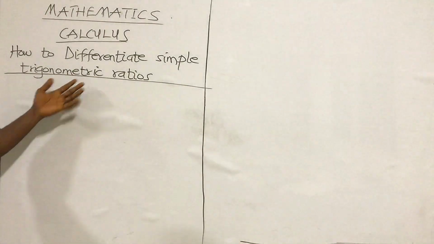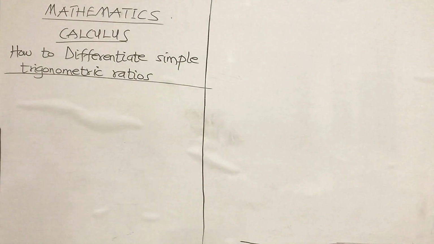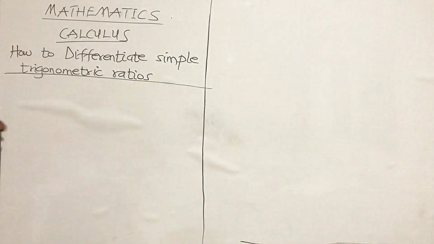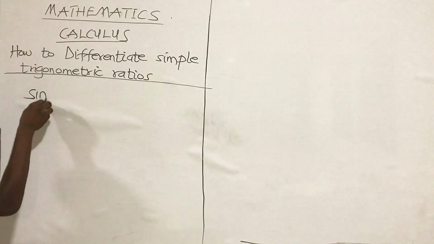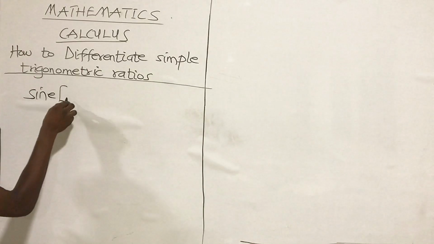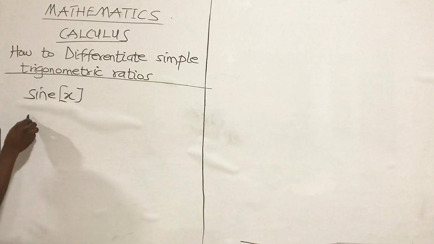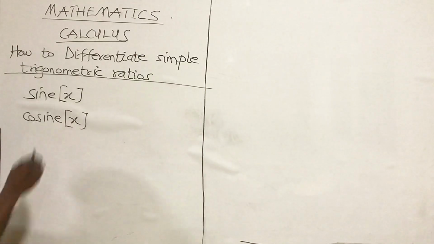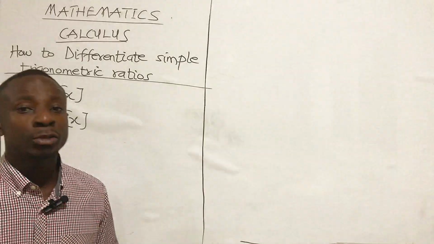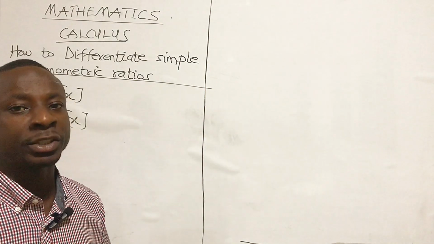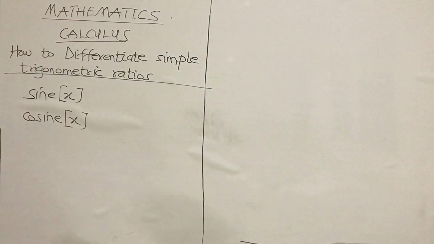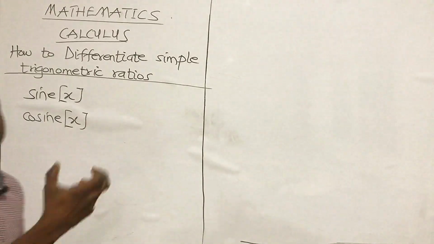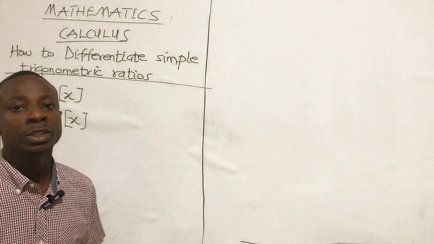Basically, when you talk about the trigonometric ratios, we have two basic trigonometric ratios. That is the sine of an angle, let's say x, then we have the cosine of an angle, let's say x. These are the two basic trigonometric ratios. The rest that we have are all derived from these two.